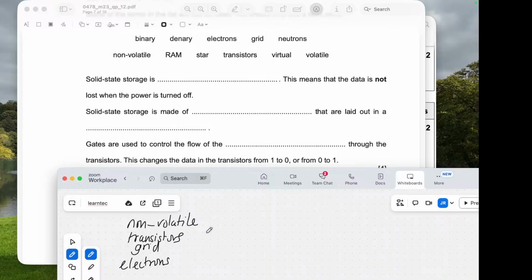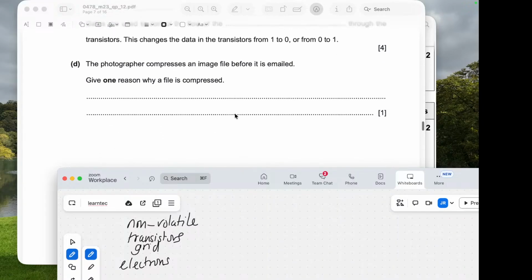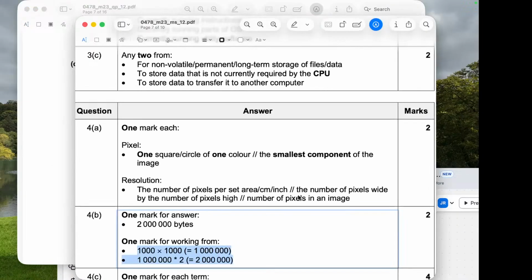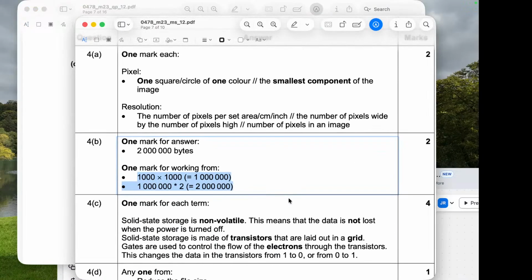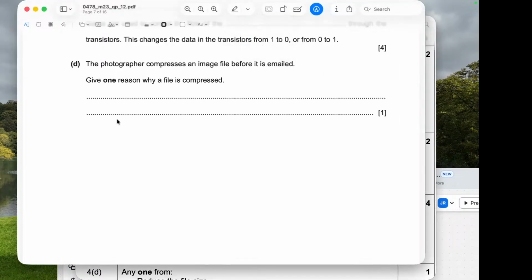Okay, let's move on. The photographer compresses an image file before it is emailed. Give one reason why a file is compressed. Why do we use compression? Oh, I should have checked my answers for that one. Non-volatile. Yep, good. Why do we compress files?